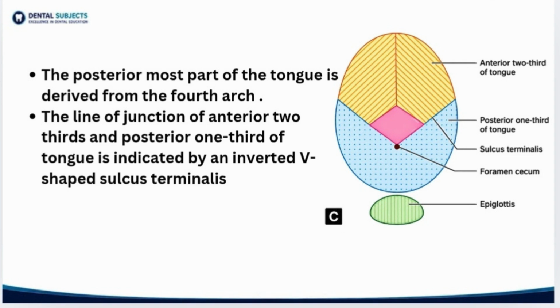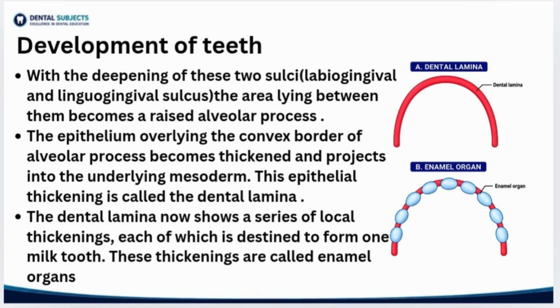The anterior and posterior parts are indicated by a V-shaped sulcus terminalis. After the formation of the tongue, the taste buds start to develop. Then finally, the development of the tooth.